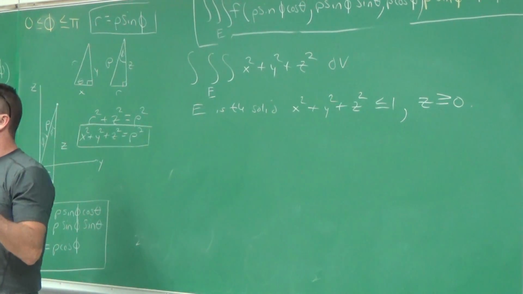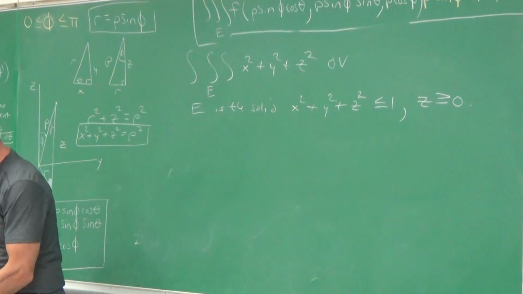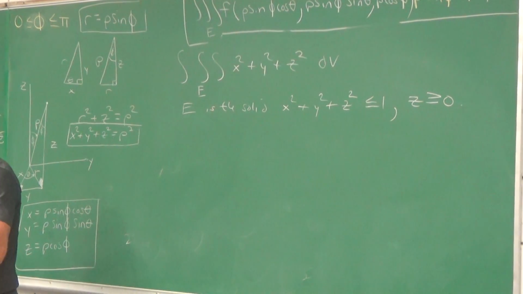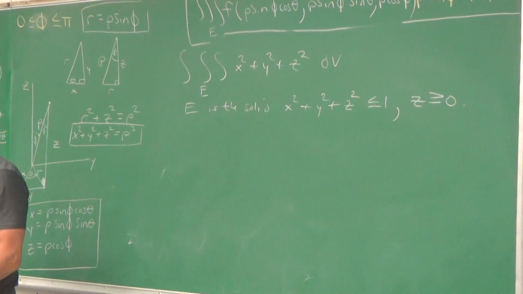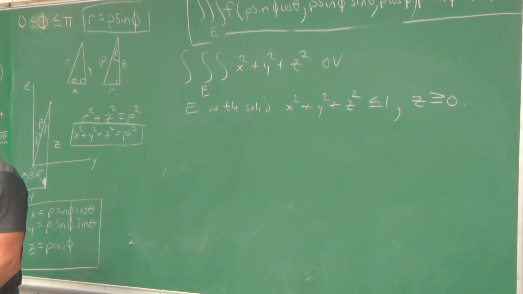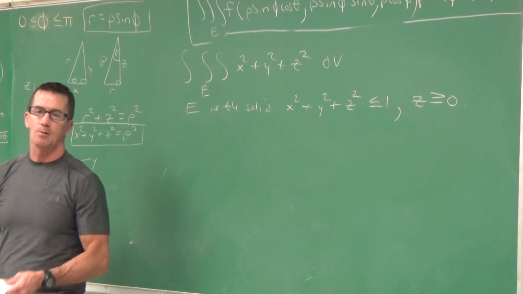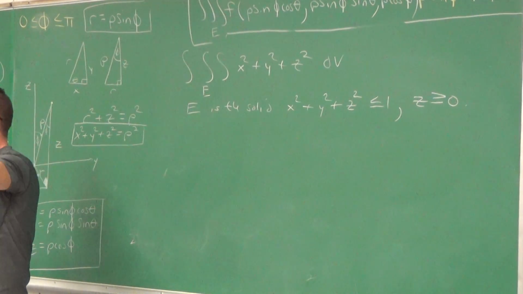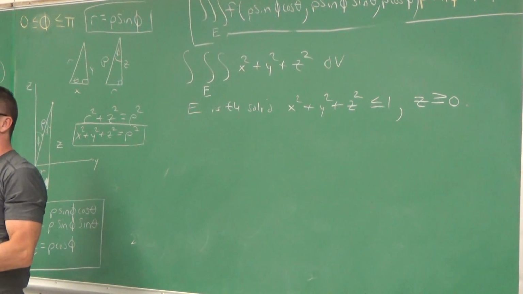So do you all have your problem sets handy? Look near the end. I don't remember. Well, not 22, not 23, 24. If you have it with you right now, on 24, highlight it or circle it. Do you see that z greater than or equal to 0?